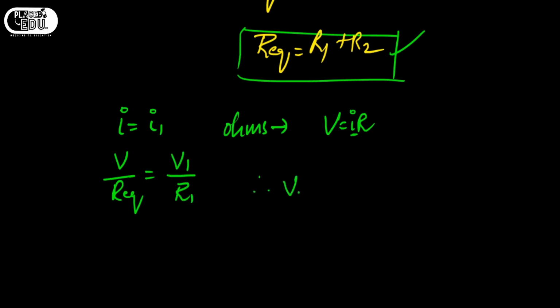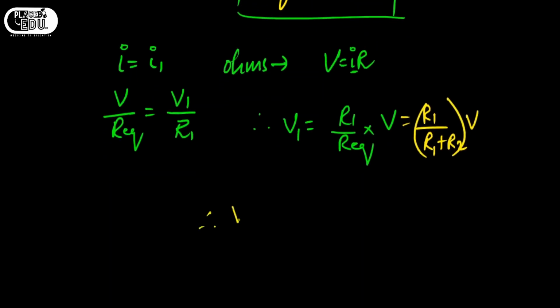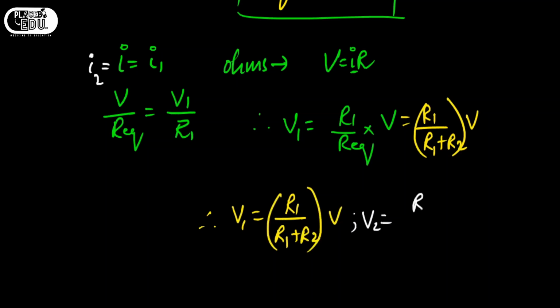Therefore V1 will be R1 by R equivalent into V. We know R equivalent is R1 plus R2, into V. And this is another important relation: V1 equals R1 by R1 plus R2 into V. And if we continue this method for I equals I2, we will get V2 equals R2 by R1 plus R2 into V. Understood? In this way we got the voltages.